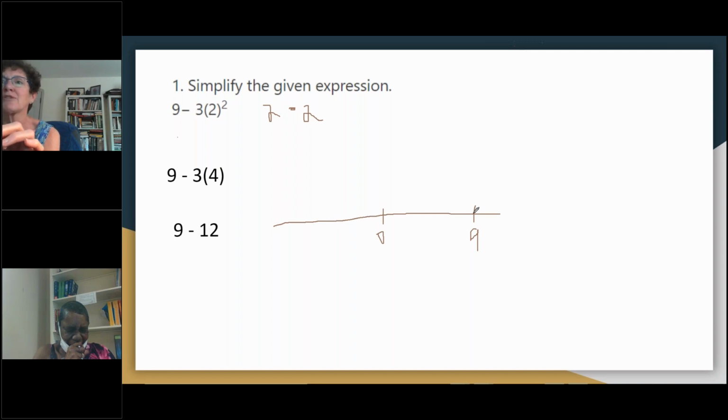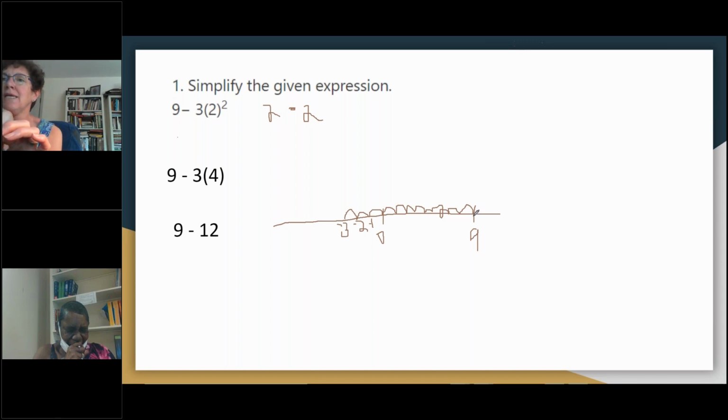So 9 minus 12. 9, 1, 2, 3, 4, 5, 6, 7, 8, 9, 10, 11, 12. So this would be -1, -2, and that would be -3. So I'm using my number line to subtract.